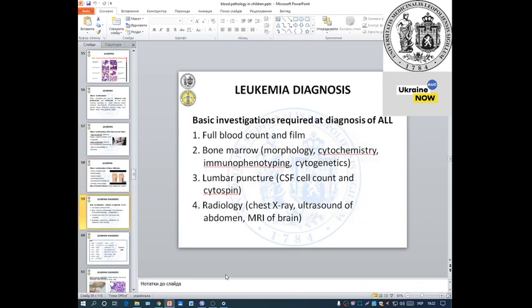Basic investigations required for a diagnosis of leukemia are complete blood count and blood smear, bone marrow investigations, morphology, cytochemistry, immunophenotyping, cytogenetics, lumbar puncture with cerebrospinal fluid cell count, and radiological investigations: chest X-ray, ultrasound of abdomen, MRI of brain.